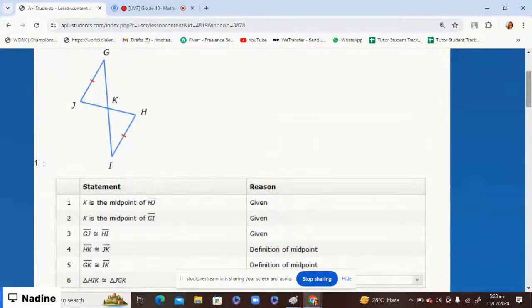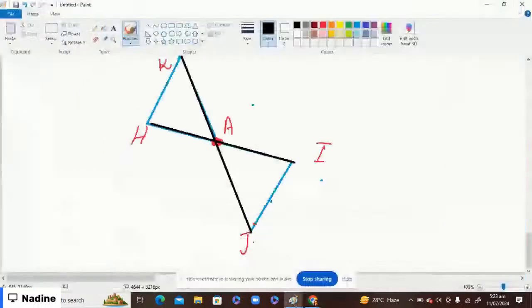If this K is the midpoint of this line, it means that HK equals KJ, and KI equals KI's counterpart. For example, if they say this A is the midpoint of all these, they gave us four things: midpoint of H and I, midpoint of K and J, side KH is equal, and IJ is equal.